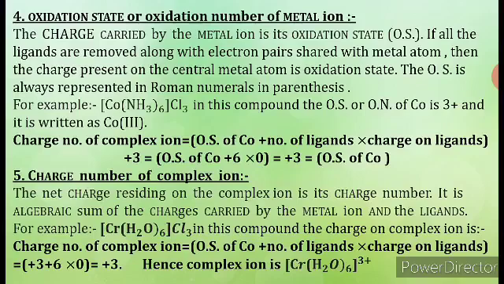So the charge number on the complex ion is 3. It is chromium, okay, by mistake Co is printed, it is a typing error over here, it is Cr. So in this way the charge on the complex is plus 3 by using the oxidation state of the central metal atom or ion. You have to write it down over here.